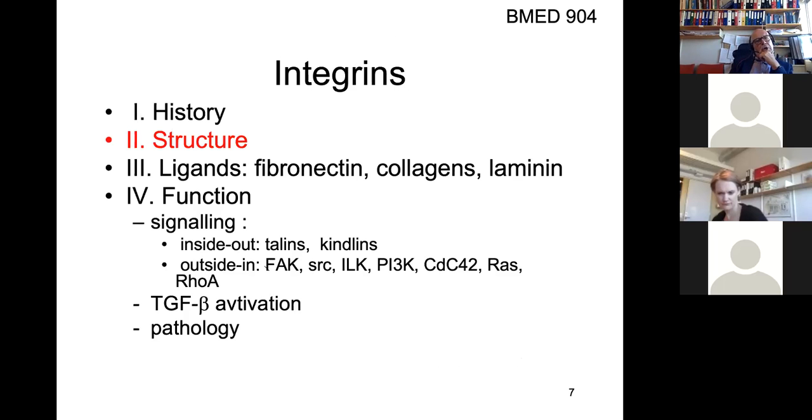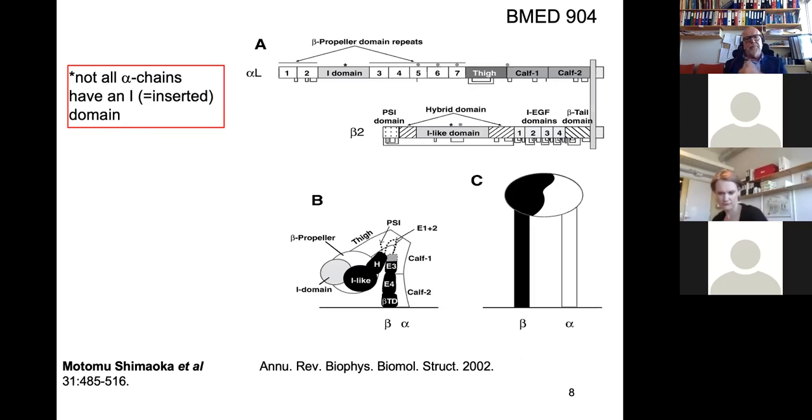So what about integrin structure? How are they built up? This is a schematic illustration of one alpha subunit and one beta subunit. Integrins are composed of non-covalently associated alpha and beta subunits that come together.